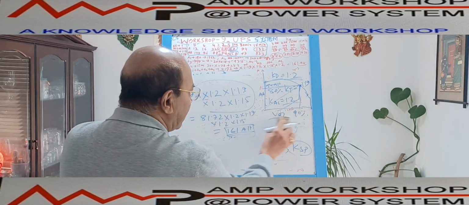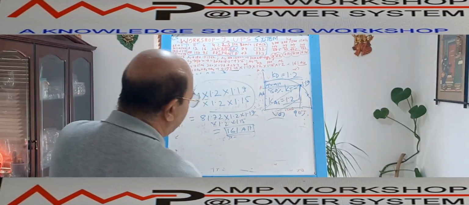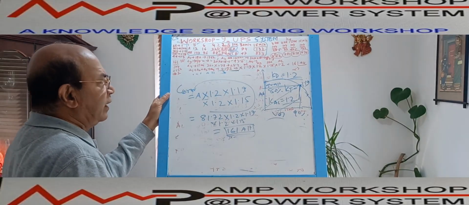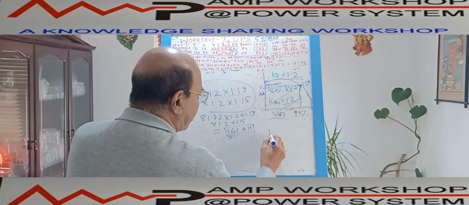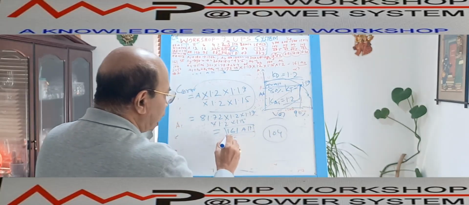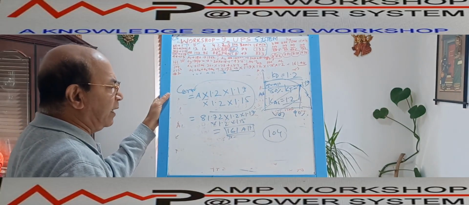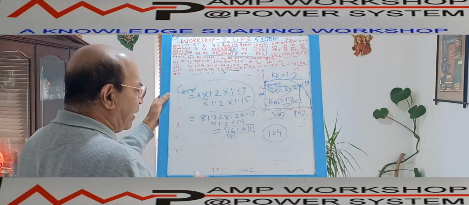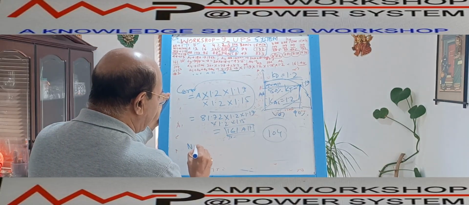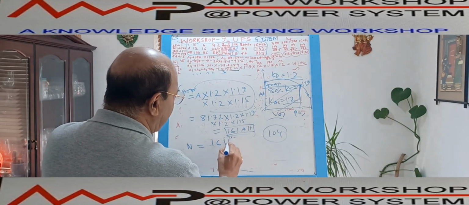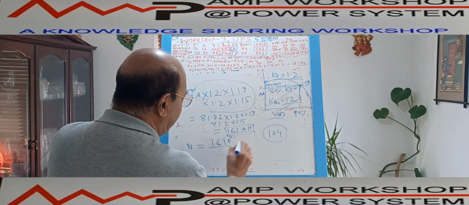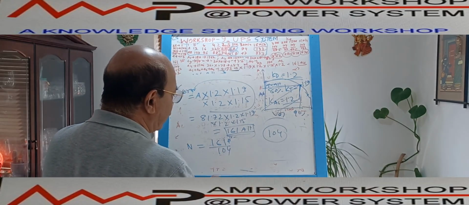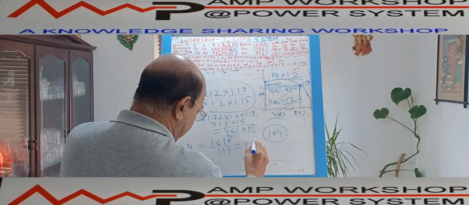We need a 161 ampere hour battery capacity. Now what is the capacity of our battery? 104 ampere hour. So for this 161 ampere hour, how many battery banks do I need? The number of battery banks required equals 161 divided by one bank capacity, 104.